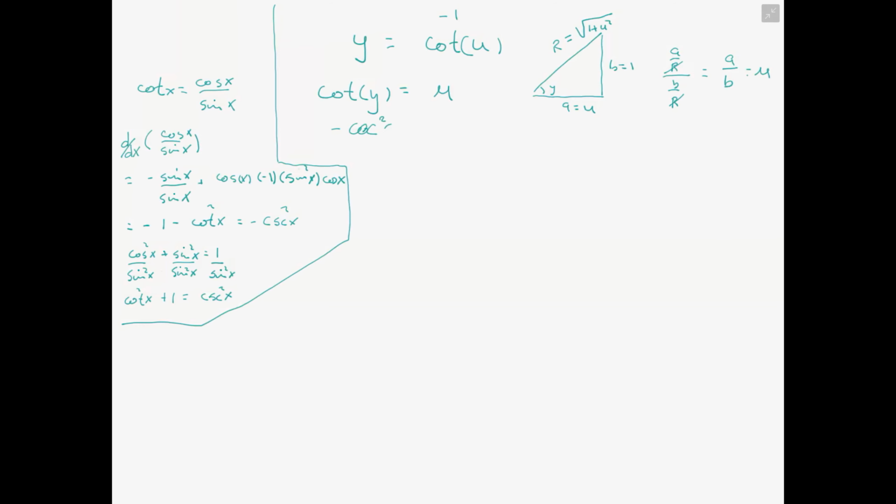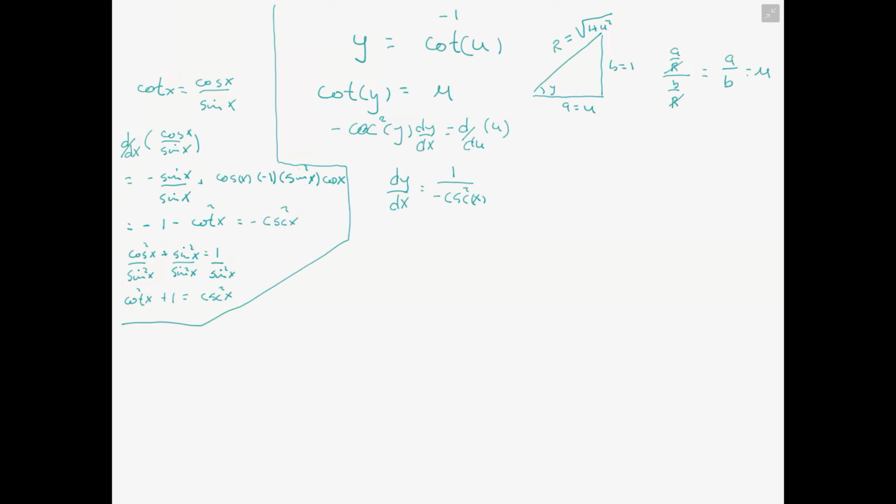Now, we have the minus cosecant squared y dy dx equals d du of u, and then dx equals 1 over the minus cosecant squared.